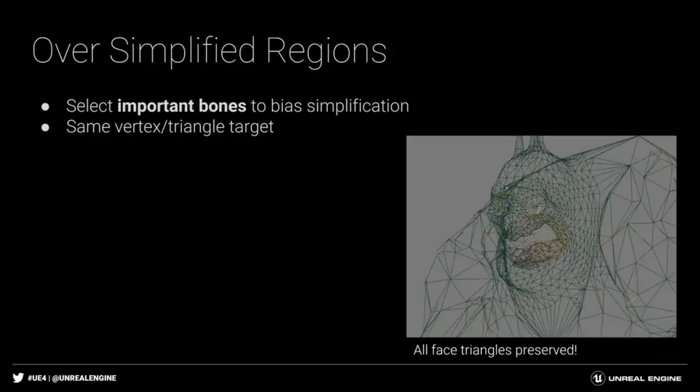This is what it looks like in wireframe mode, and in this case we made sure that we don't reduce any geometry that's skinned by the facial bones, but just as with the free edges feature, we'll still make sure that we hit the vertex or triangle target.